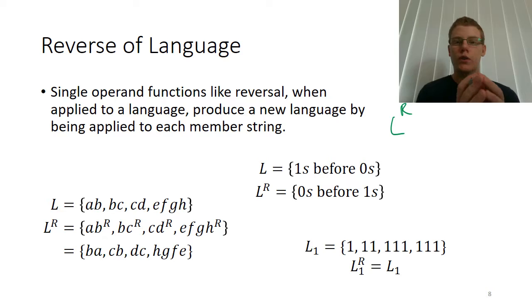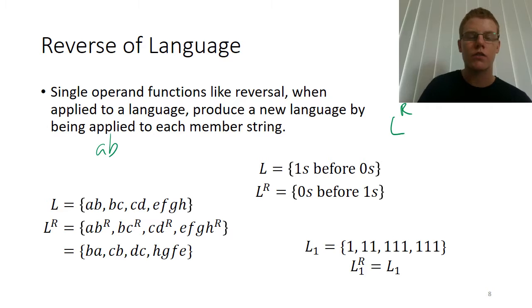So let's say a language contains the string AB, then we take that string, apply the operation to it, and then stick the result in our result language. In the case of reverse, if AB was in the original language, then BA would go into the resulting language.